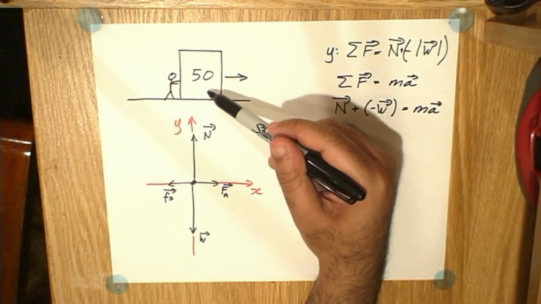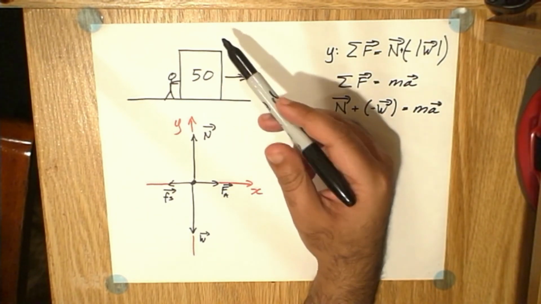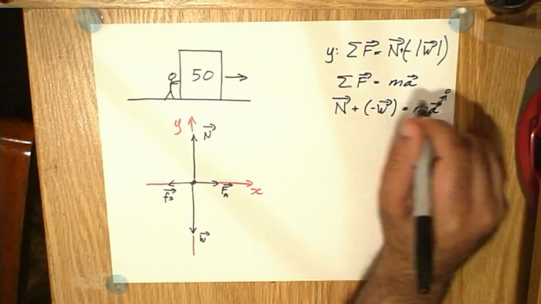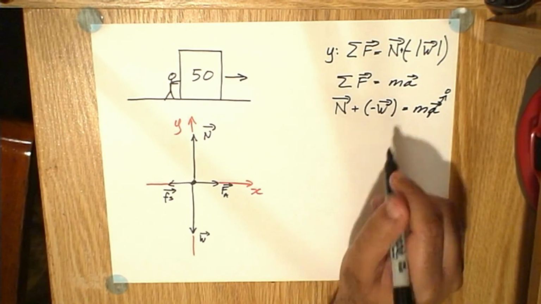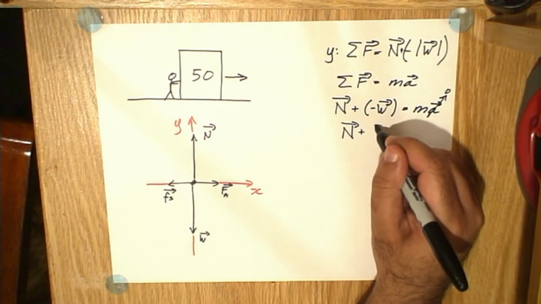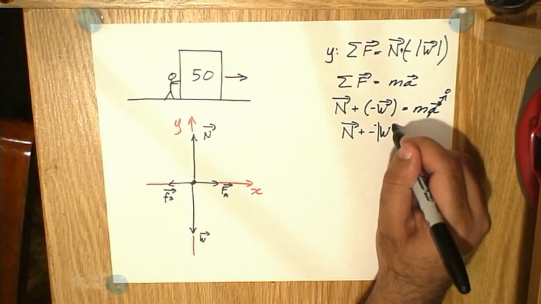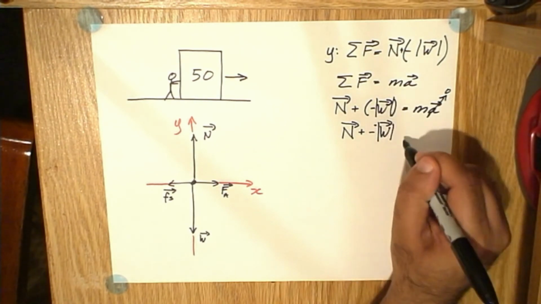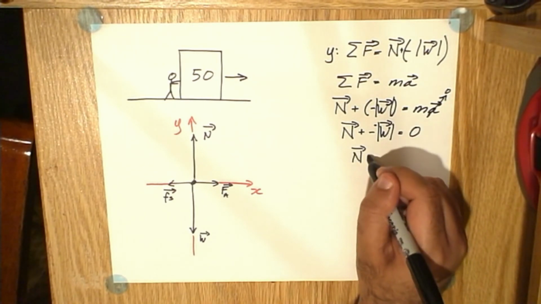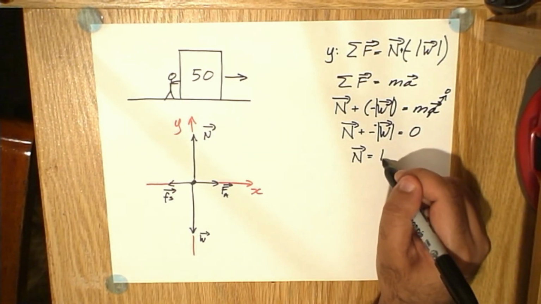Now, this object is not collapsing into the ground, nor is it levitating off the ground. That means its acceleration in y is 0, because it's not moving in y. So we end up with normal plus negative weight is equal to 0, or normal force is equal to the size of the weight.